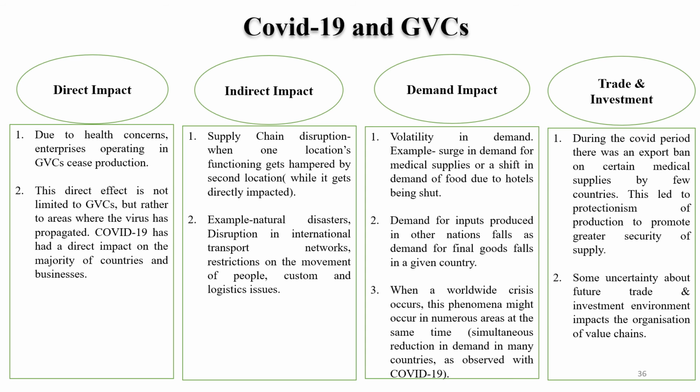So trade has come down and the investment in the value chain has also come down. So the direct impact is having an indirect impact, and it is getting accentuated because the demand has become volatile and further less investment is going towards the value chain activities.